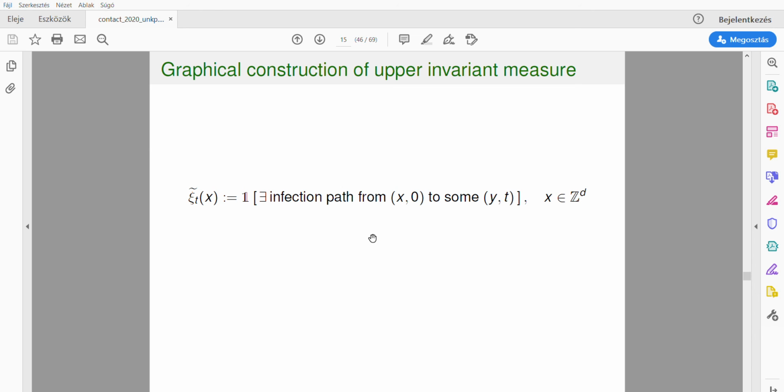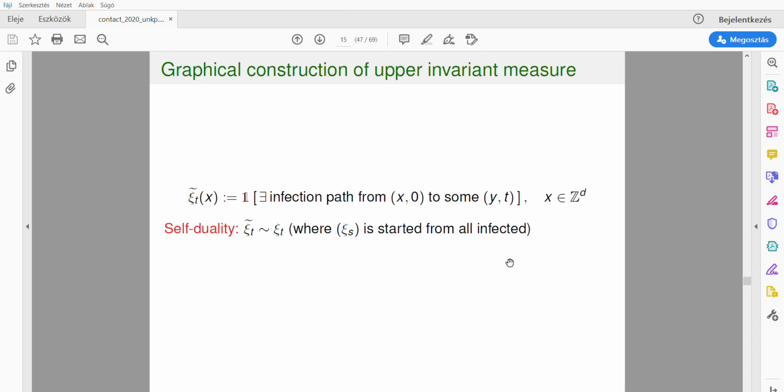If there is an infection path to some site y at time t, so if there is an infection path oriented upwards, of course, then I turn this indicator on. And if there is no infection path from this point in space-time to that point in space-time, then this indicator is 0. So my point is that by the self-duality of the process, this configuration has exactly the same distribution as the contact process at time t if you start it from all infected sites.